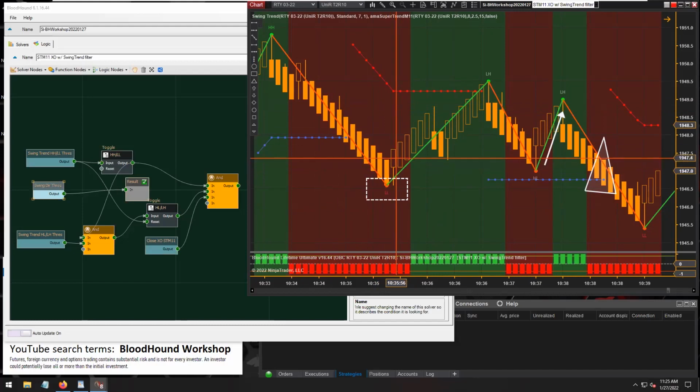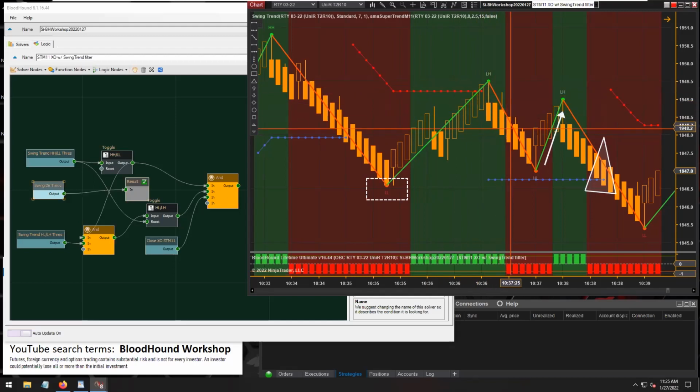Price has to reverse direction a certain amount before you know that the market has truly reversed direction. So this upswing right here is identified on this bar, so it took 3 bars for the upswing to be identified.